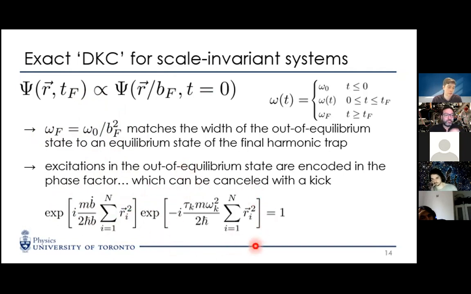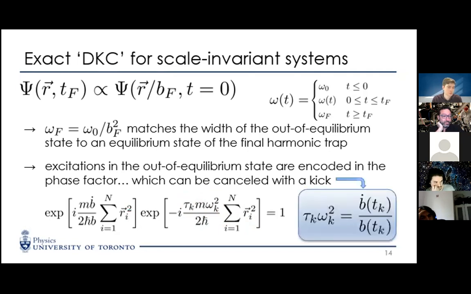Here, this is the phase acquired from a delta-kick. Again, it's a harmonic kick, so we're applying a phase quadratic in position, and the kick strength shows up here as this omega k squared times tau k, the duration of our kick.